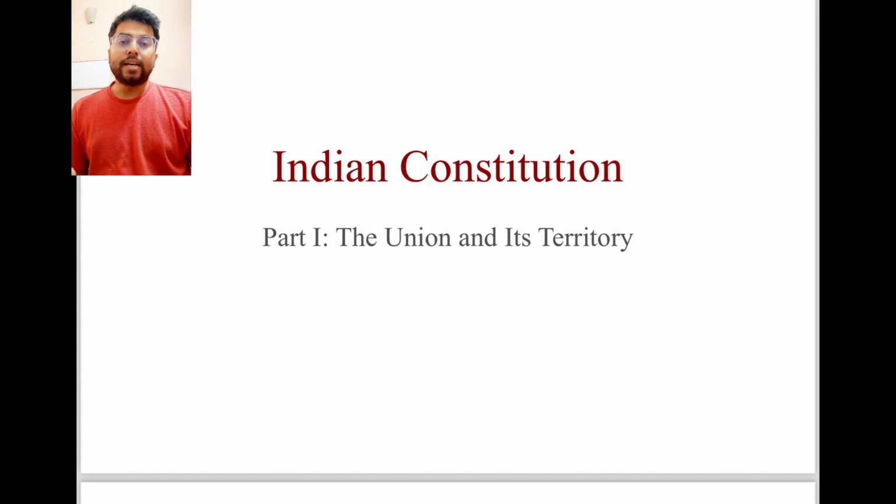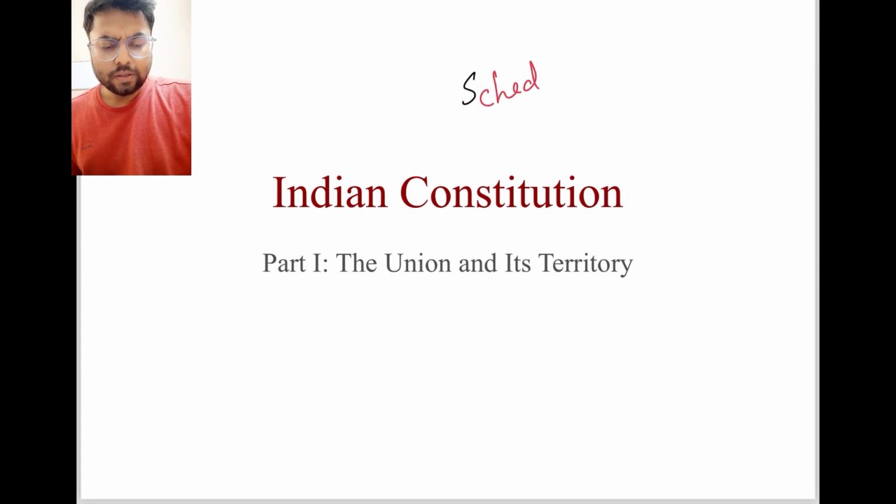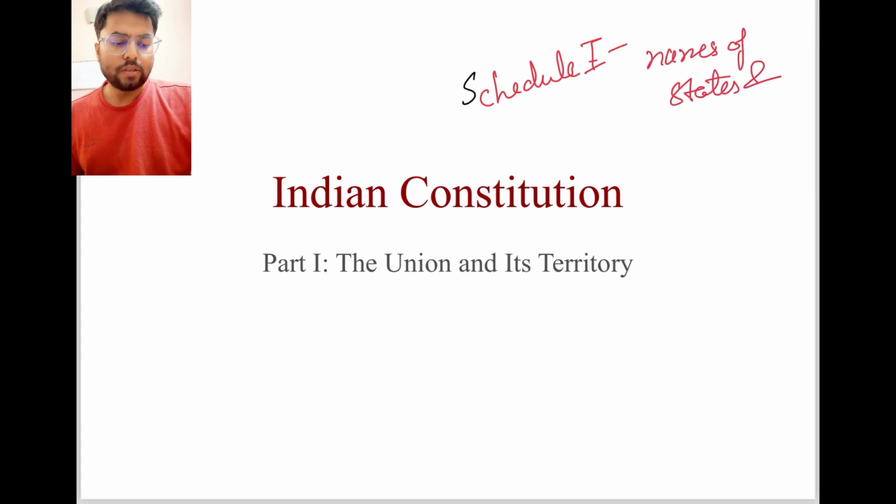Another point is that whenever we read part 1 of the Indian Constitution, we also need to read Schedule 1 and Schedule 4 as well. For your information, as a brief introduction, Schedule 1 contains the names of states and territories, and Schedule 4 contains the provisions regarding the allocation of seats for Rajya Sabha.